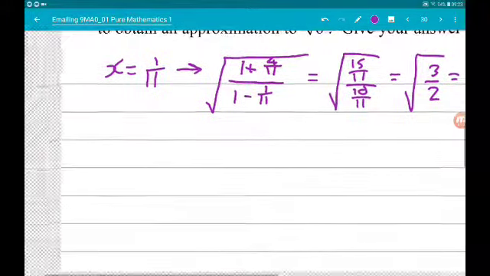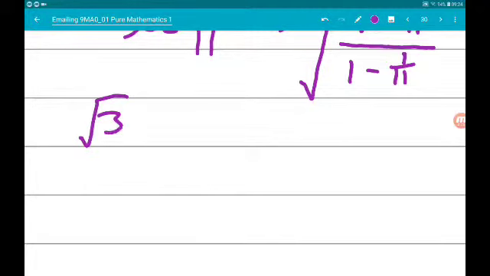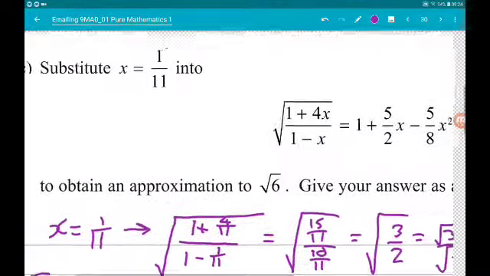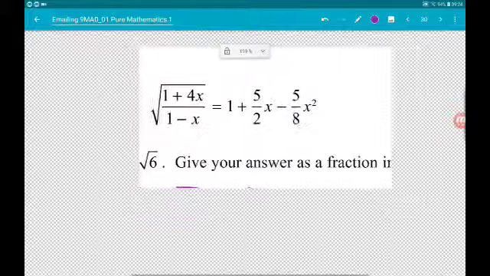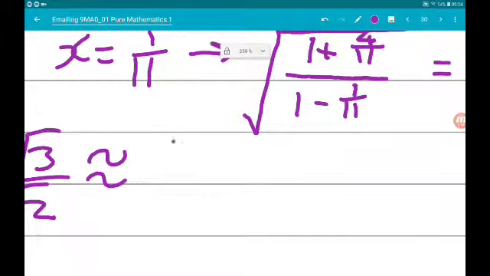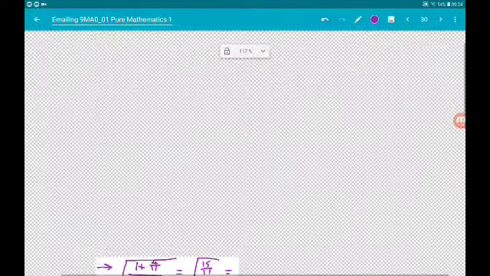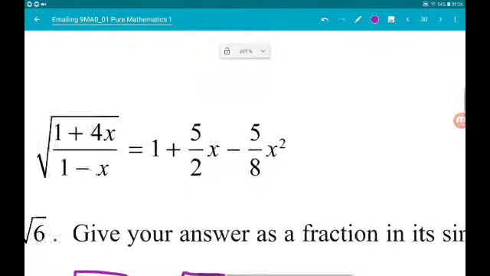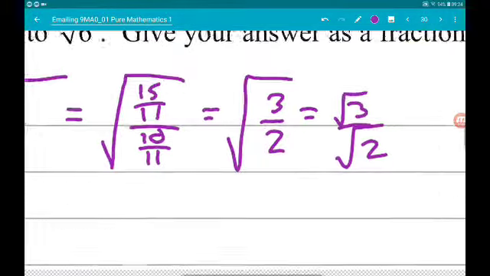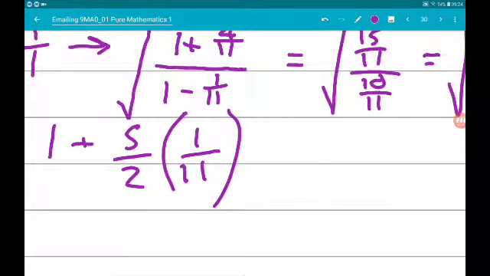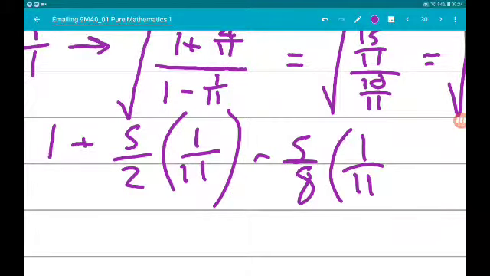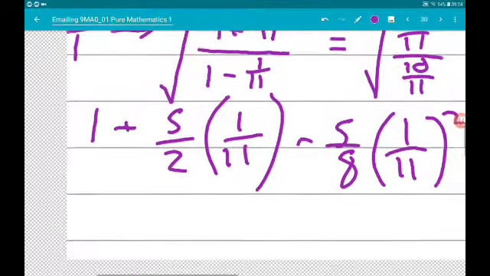So we're going to get then that root 3/2 is approximately equal to 1 add 5/2 times 1/11 minus 5/8 times 1/11 squared.